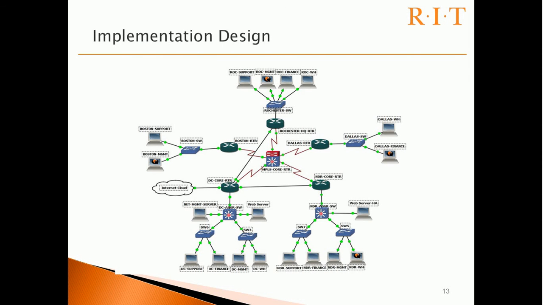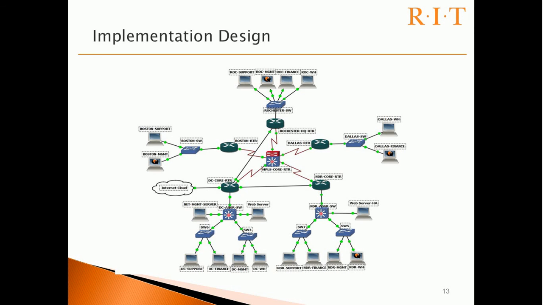This is the design of our architecture. So the headquarters is present in Rochester, and there are 4 other branches for the same enterprise, one at Boston, one at Dallas, one at Washington DC, and one at Buffalo.